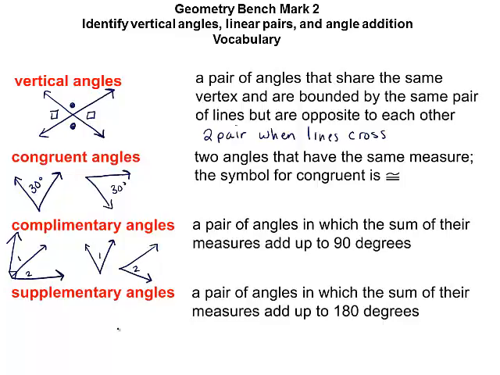They don't have to touch, as long as they add up to 90 degrees. Now, when we put this little m in front, this is the measure. That's the symbol for measure. Okay, so this means the actual angle. And if I put the m in front of it, this means the degrees of the angle.